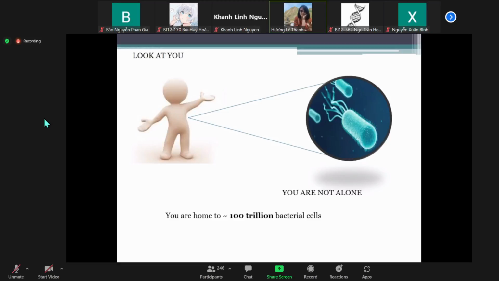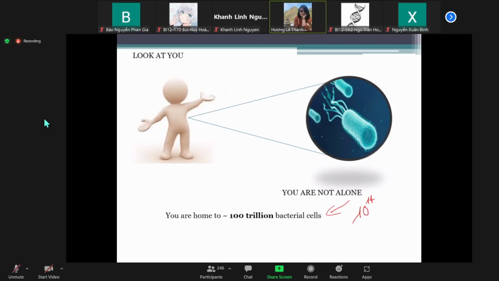Human in general contains 10 to the power of 14 cells, and only 10% of these belong to you. This means 10% are human cells and 90% are prokaryotic cells, the bacterial cells.